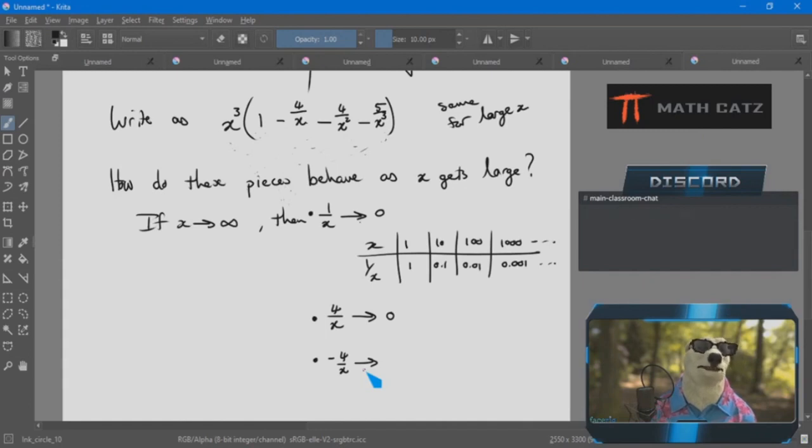That is a question to you. Does the behavior change if I have a negative there? Okay, you say yes. Let's put a negative over here in my table. Then when x is 1, negative 1 over x becomes negative, negative, negative, negative. What happens to the size of that fraction? It's still shrinking. It's still going to 0. Yes, from the negative side, but it's still heading in the same direction.